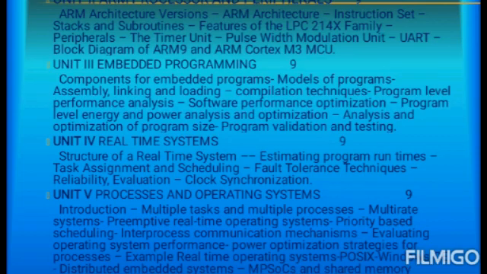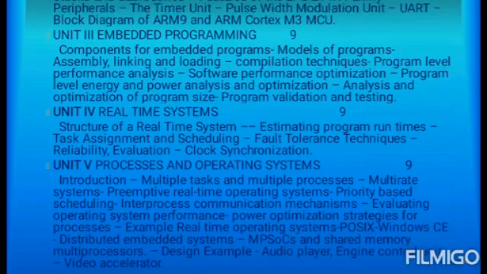In Unit 5 we also discuss performance, and some examples of embedded processors and real-time operating systems, such as MicroC/OS-II, POSIX and Windows CE.